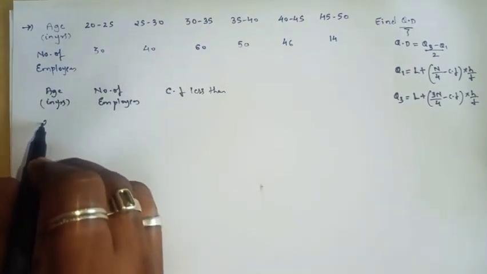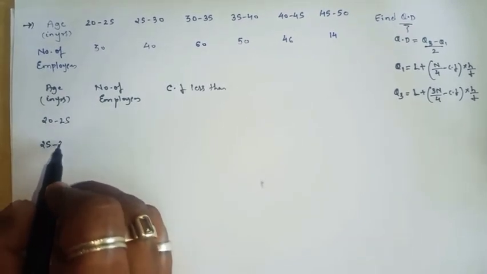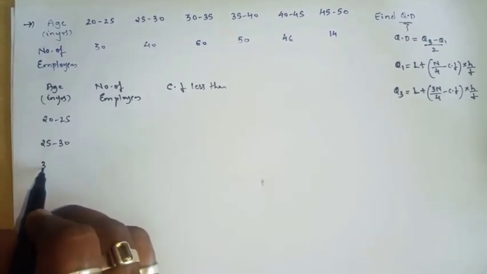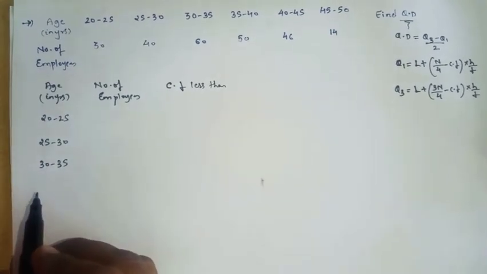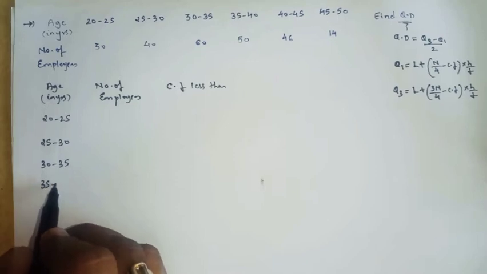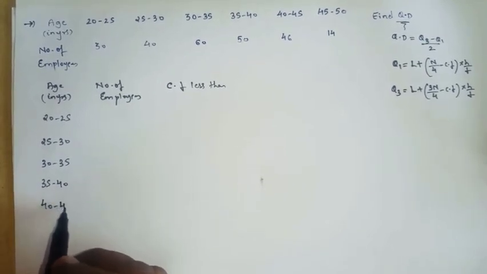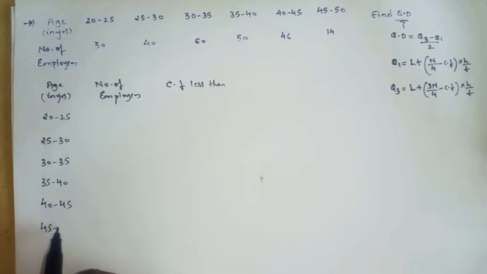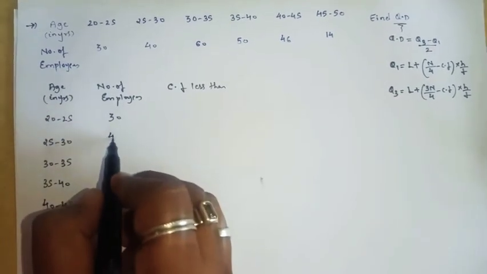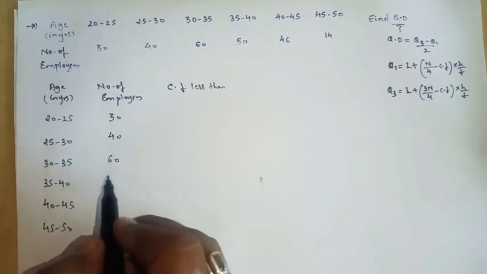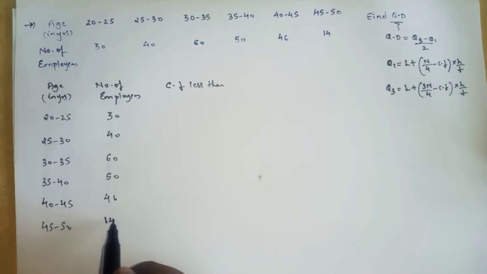So here it is 20 to 25, 25 to 30, 30 to 35, 35 to 40, 40 to 45, and 45 to 50. Here we have 30, 40, 60, 50, 46 and 14.